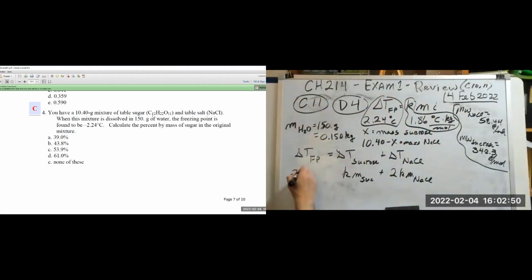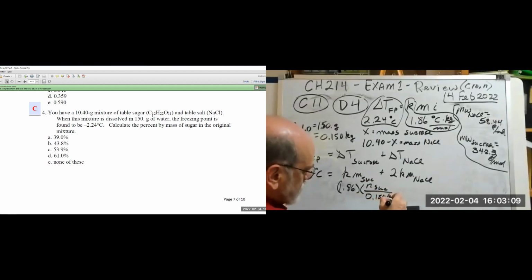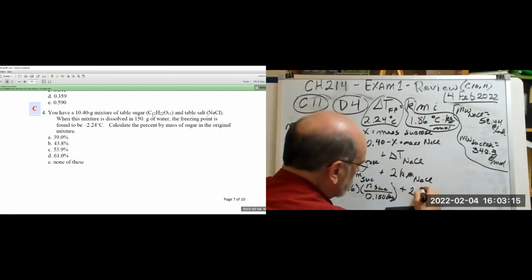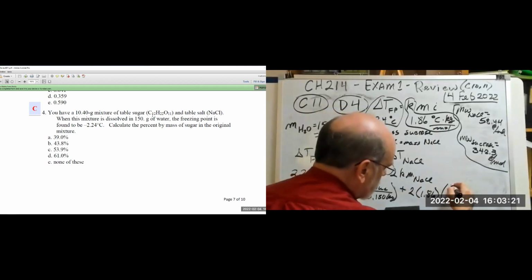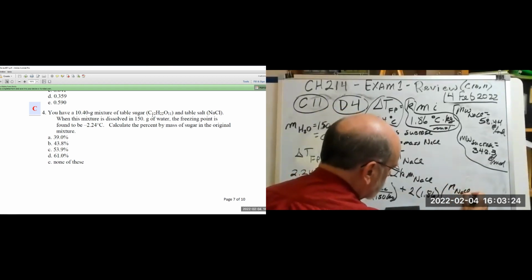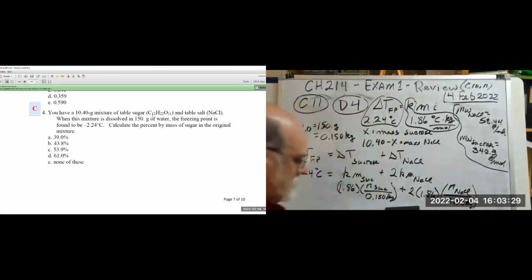So this is 2.24 degrees C equals this K, which is the same for both of them. It's 1.86. And the molality is the number of moles of sucrose divided by 0.15 kilograms. Okay, that's this part. And this part is 2 times 1.86 times moles of sodium chloride divided by 0.15 kilograms.